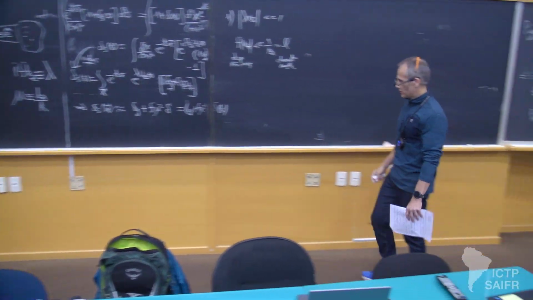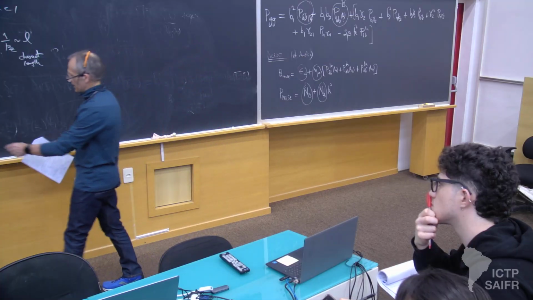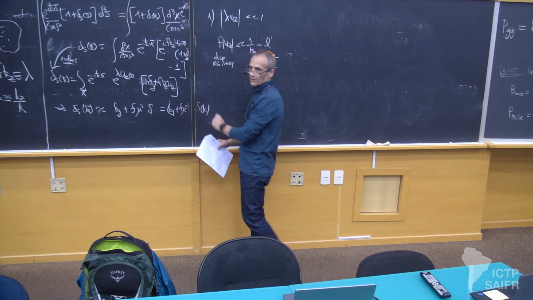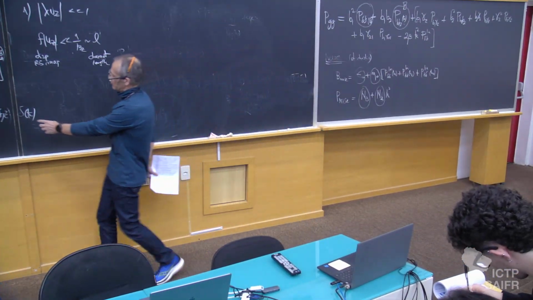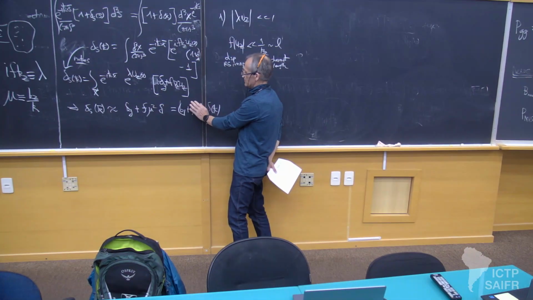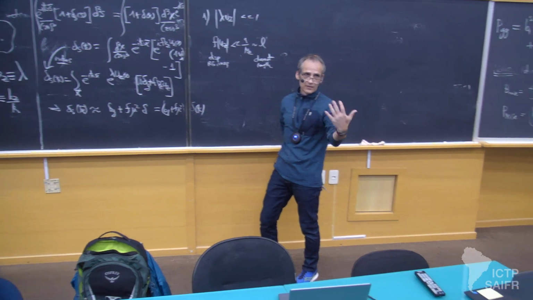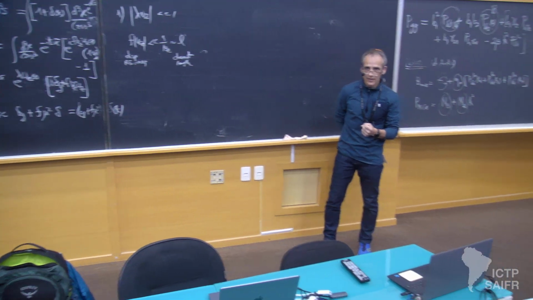So for modes which are perfectly aligned with my line of sight, I get an amplification of the density perturbation that I see in true space. For modes which are perpendicular to the line of sight, where mu is 0, I get the true mode, which we already knew, because perpendicular to the line of sight there's no contamination from velocities. Any questions about this?